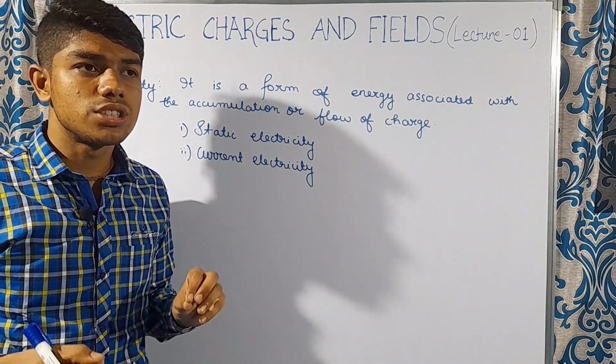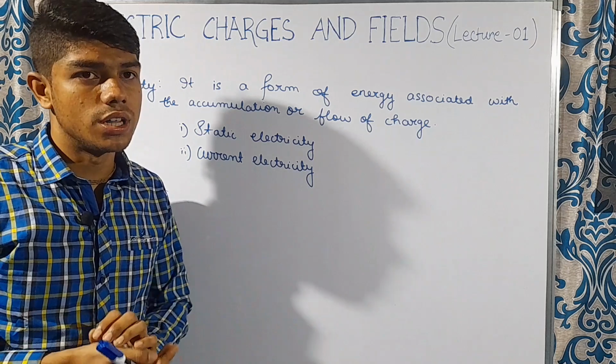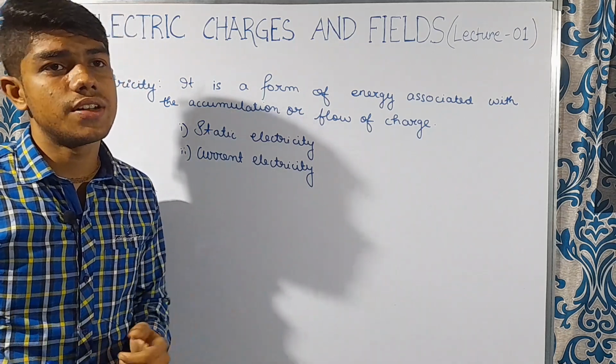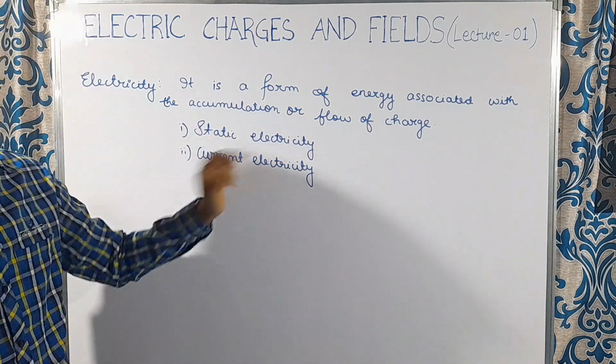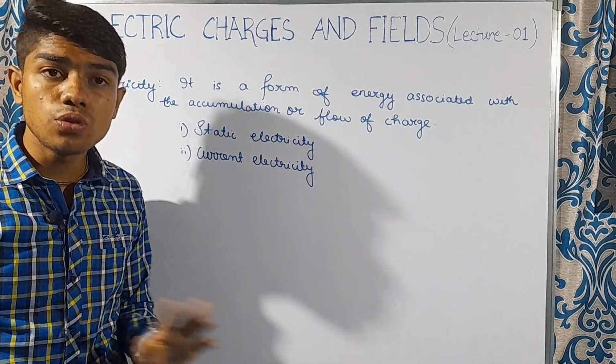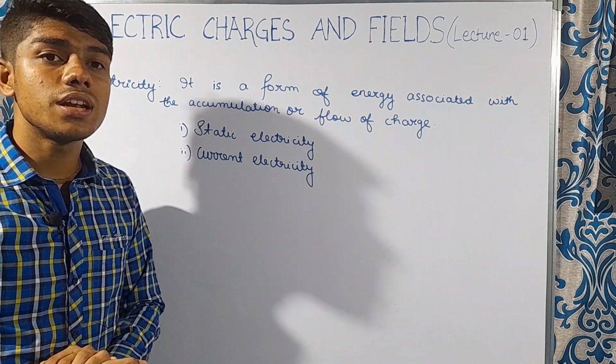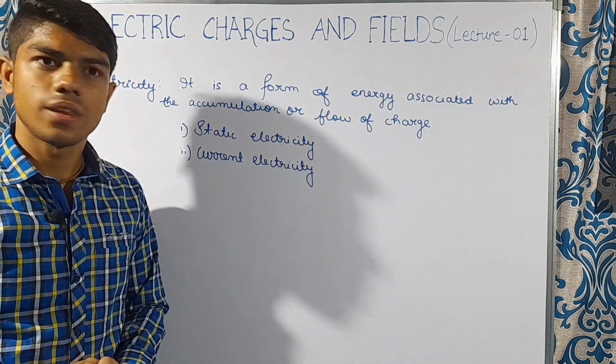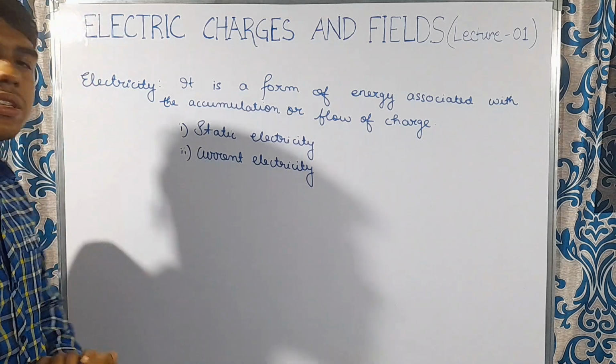Whenever charges accumulate in a body, they remain at rest, and the energy associated with the charges at rest is called static electricity. And whenever charges flow through a body, the energy associated with the moving charge is known as current electricity. You understood the meaning of electricity?